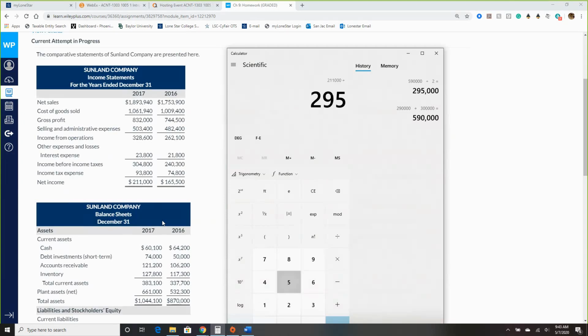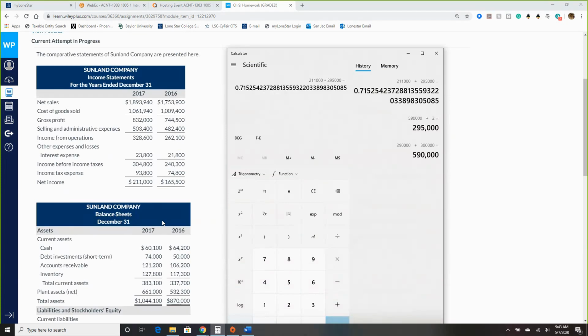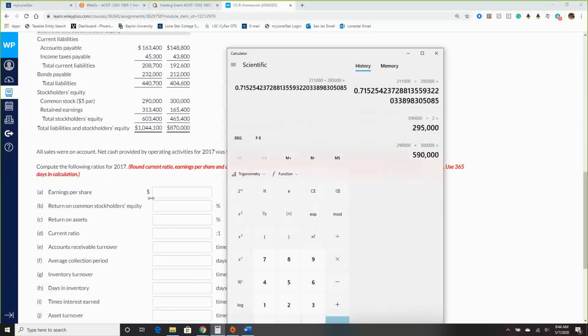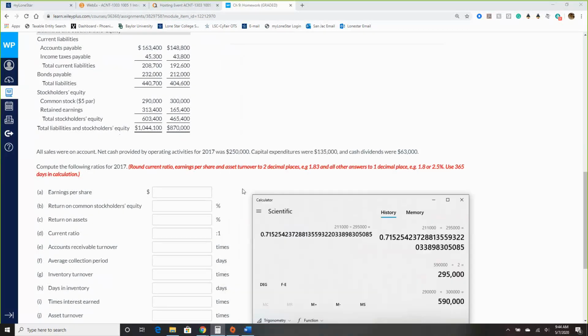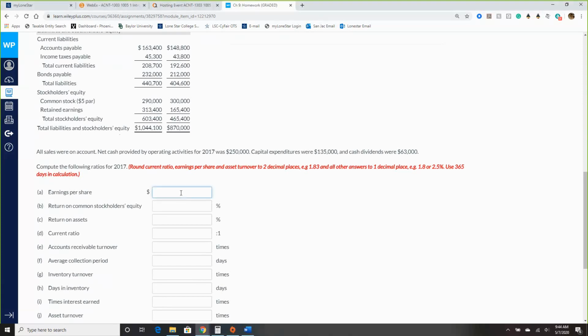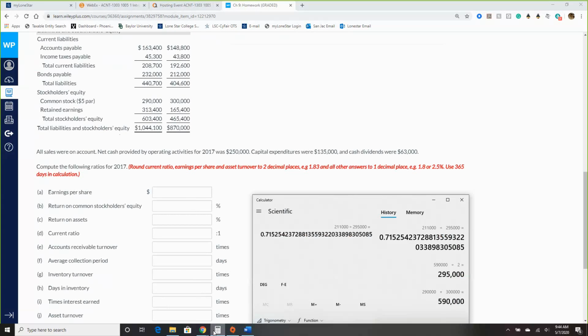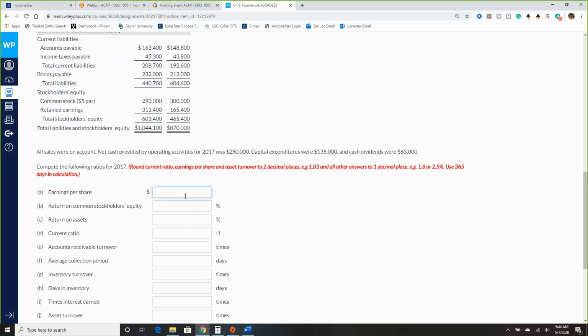Divided by our 295, our weighted average, 71.5, looks like, or actually 71 cents, 72 cents. So earnings per share and asset turnover to 2 decimal places, all other answers to 1 decimal place. So watch out for that. That's 72 cents.